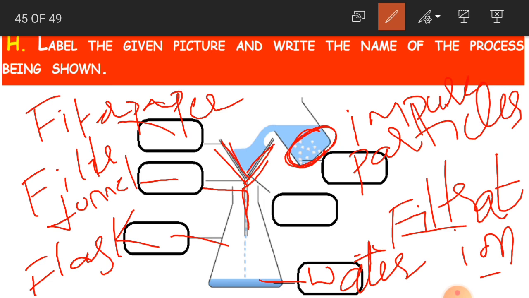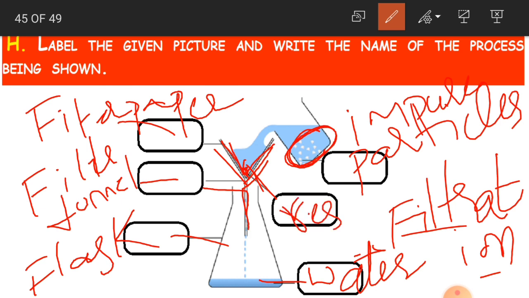Now children, this one. What is this? At the bottom of the filter paper, that is the residue.